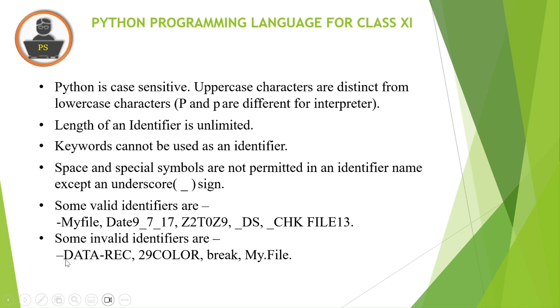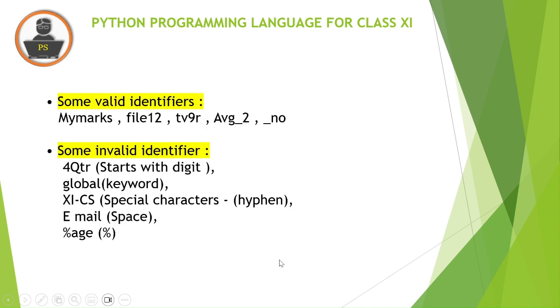Suppose we have taken there tilde data 29 color 29 शुरू में यूज कर लिया, break, this one is the keyword. My dot file, here I have already explained these things. Suppose some valid identifiers may be my marks, file 12, TV, because we have taken their alphabets in initial and after followed with numerics, then it is valid.